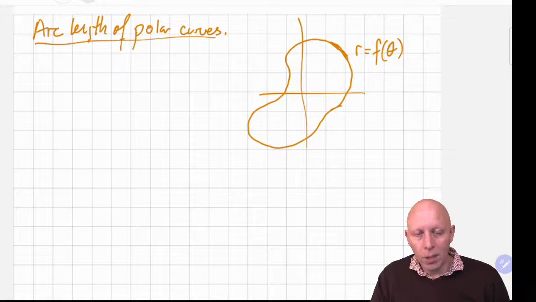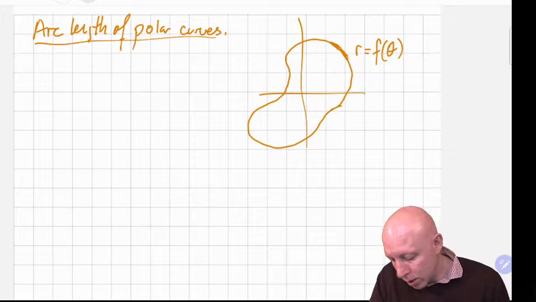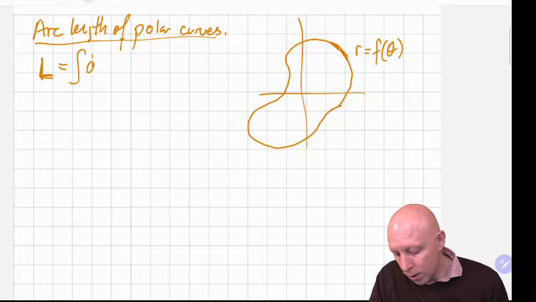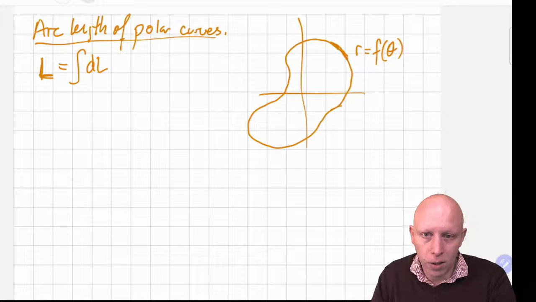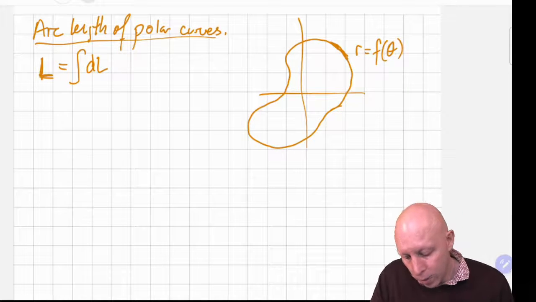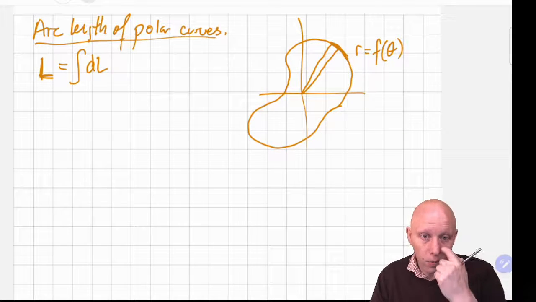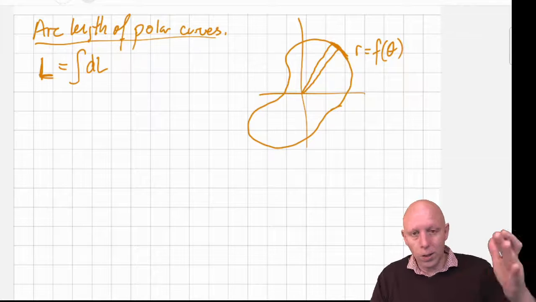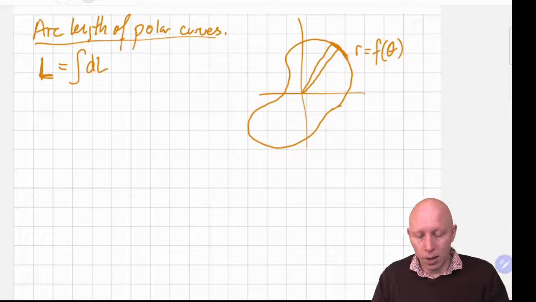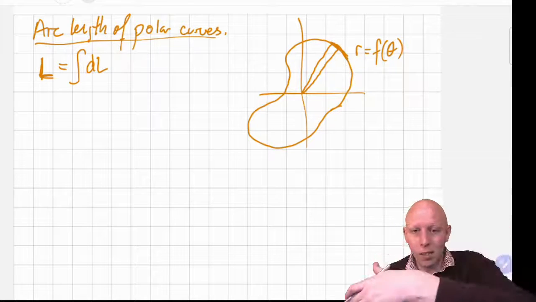In this setup, we're still going to be using the idea that arc length is equal to the integral of little bits of arc length. So we're going to zoom in here on one small bit of this arc length. This curve is changing radius.